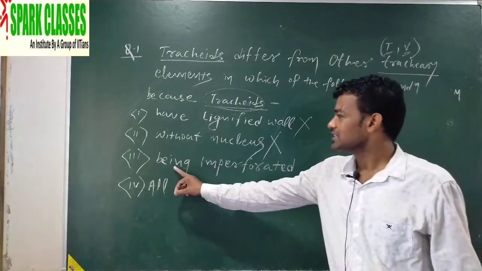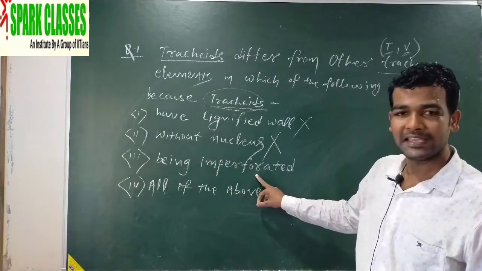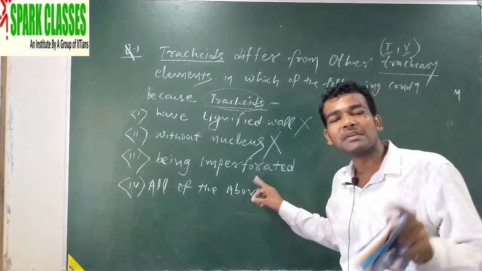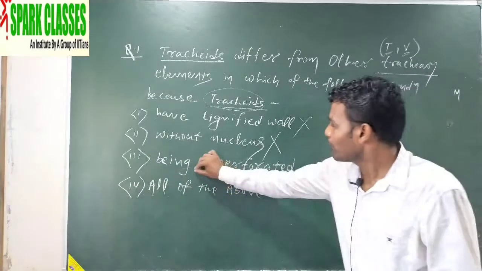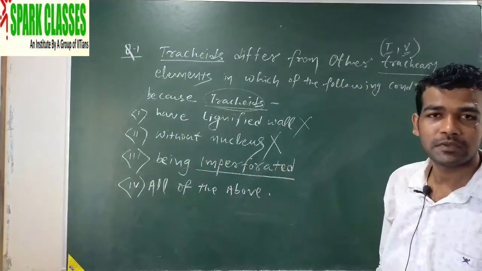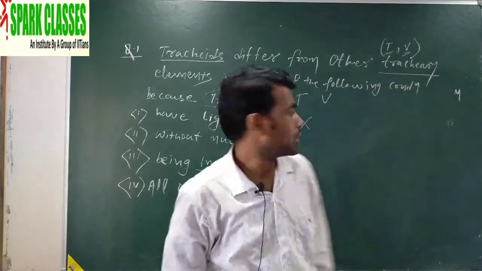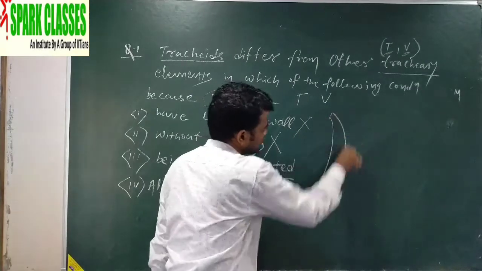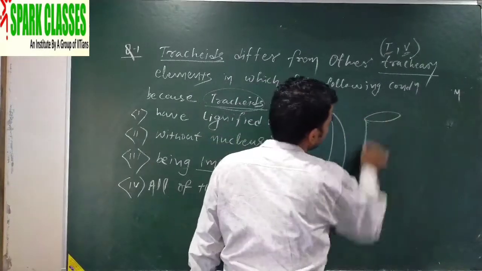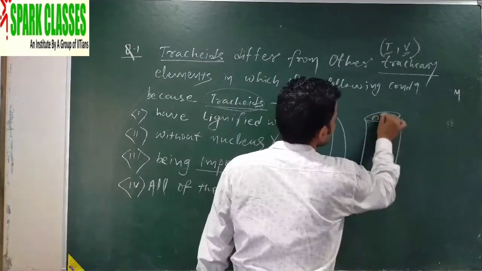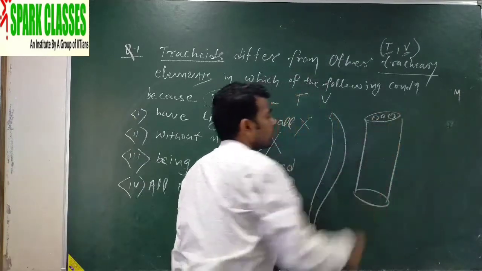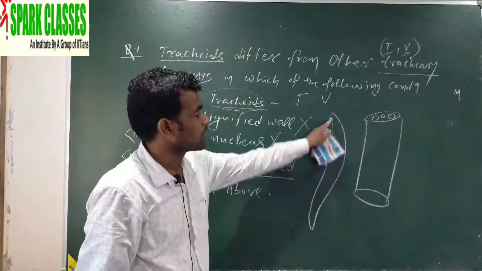And the third option is written being imperforated. Perforated means pore is present. Imperforated means pore is absent. If you look at the tracheid and vessel diagram, already I had told you, the tracheids are like this with tapering ends and vessels are like this, and vessels possess pores. So vessels are perforated, but tracheids are imperforated. You never find pores.